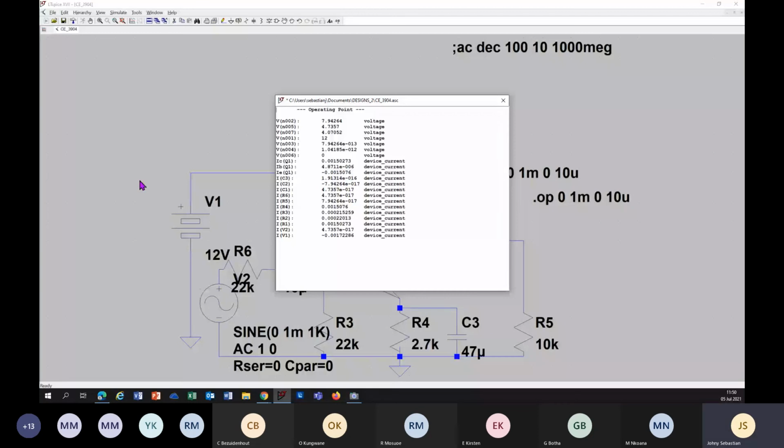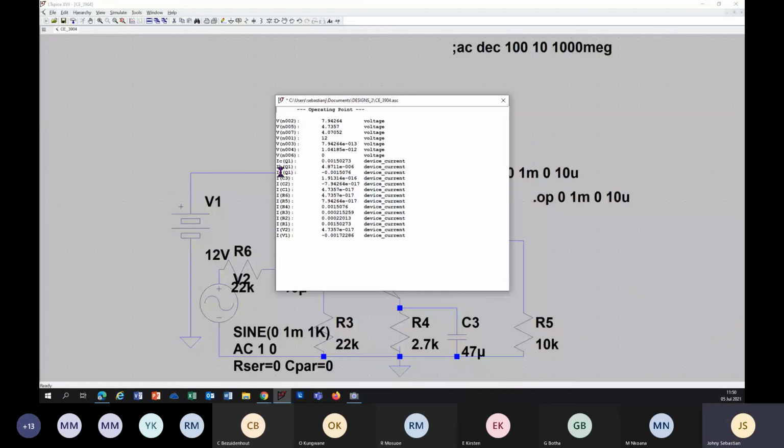Voltage at node 2, this is node 5, node 7, node 1 is 12. Node 0 is ground, node 1 is VCC, and all other nodes. There are only 6 nodes identified. Then you can see IC Q1, IB Q1, IE Q1, and these are currents through all the resistors.